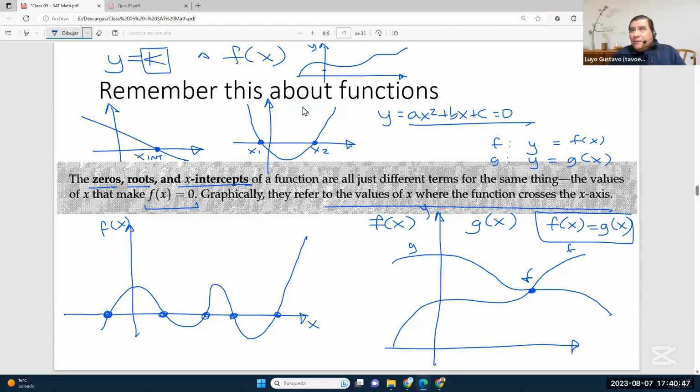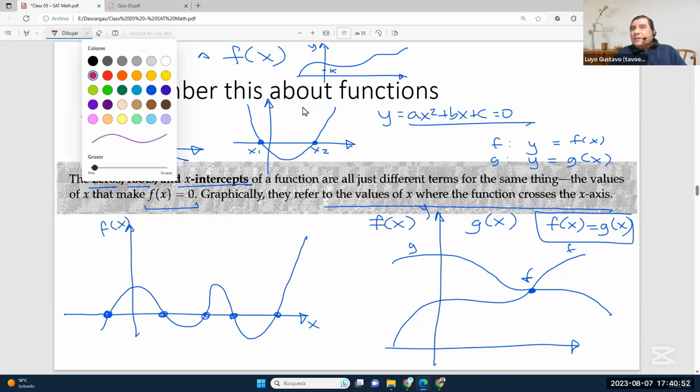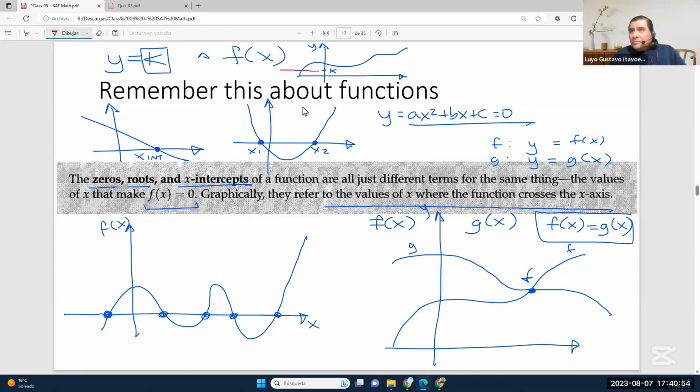Imagine this is the value of k. So there is a horizontal line crossing. What would be the crossing point of the curve f and this horizontal line? It would be this, right?